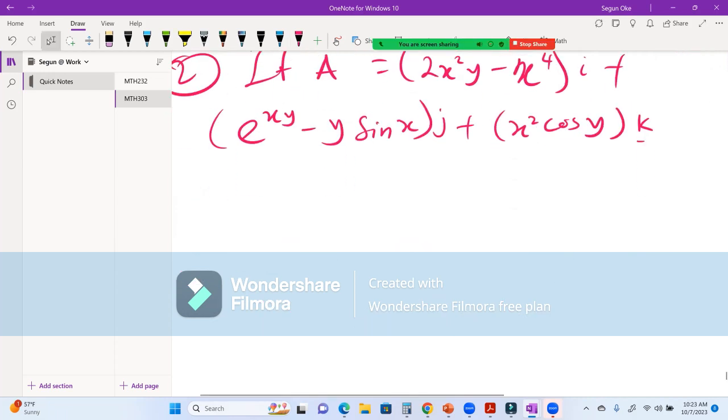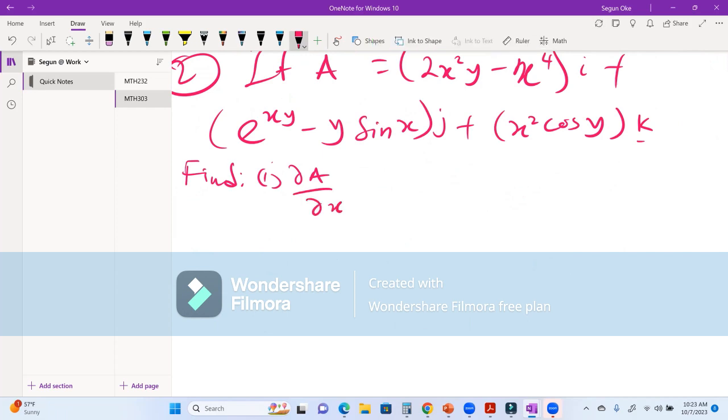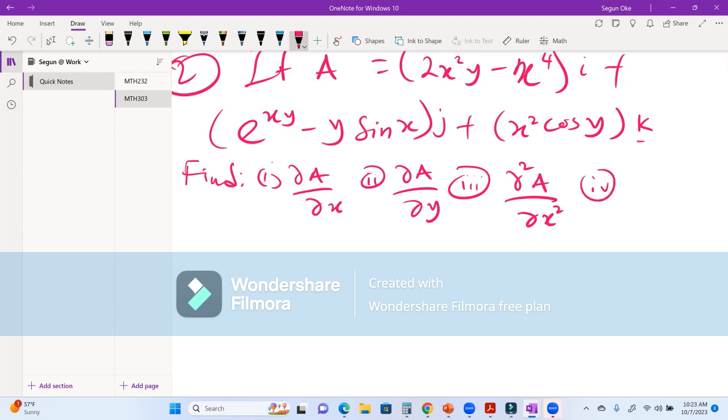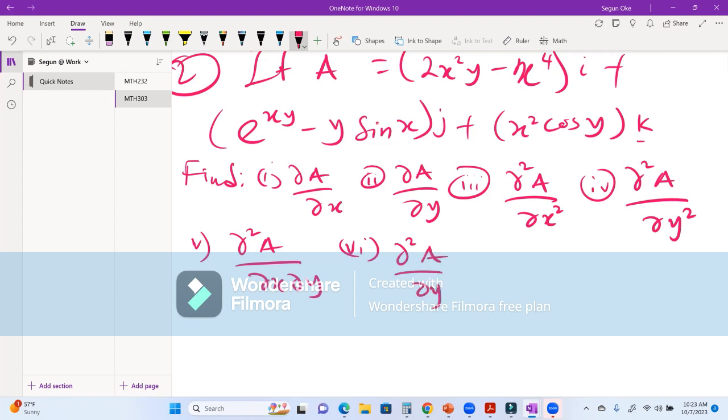After we finish this topic, you will be able to solve as many problems as possible. 1: dA dx. 2: dA dy. 3: d squared A dx squared. 4: d squared A dy squared. 5: d squared A dx dy. 6: d squared A dy dx.